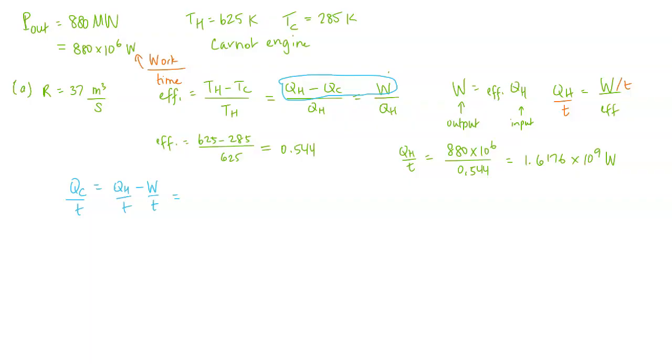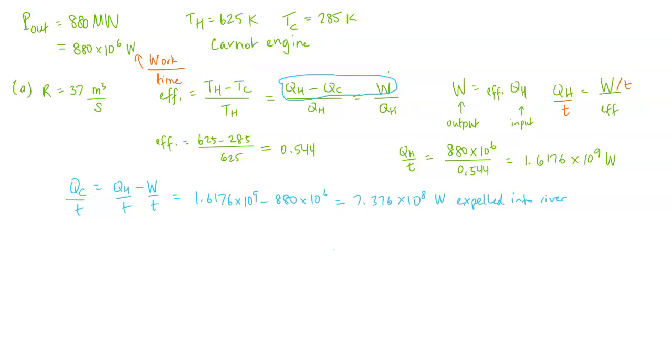So the rate at which heat is expelled into the water of the river will be equal to the wattage we just found, 1.6176 times 10 to the ninth, minus our power output of the power plant, 880 times 10 to the 6 watts. And I'm going to get 7.376 times 10 to the 8th watts is the energy expelled into the river.